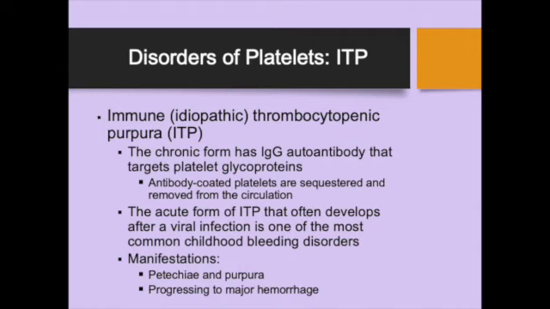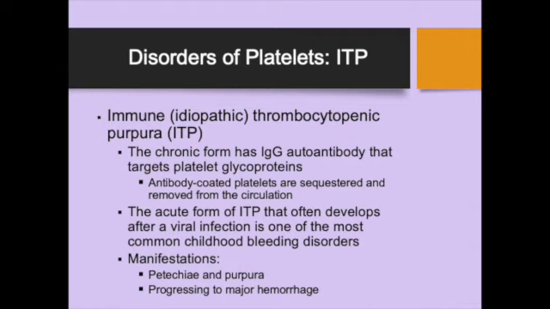Many times it is transient, and if we don't have another incidence within 6 months, then we would consider it cured. The basic manifestations that we'll see initially is petechiae and purpura, and this is what most parents will see first. And then if not treated and the platelet count continues to fall, it can progress to major hemorrhaging.